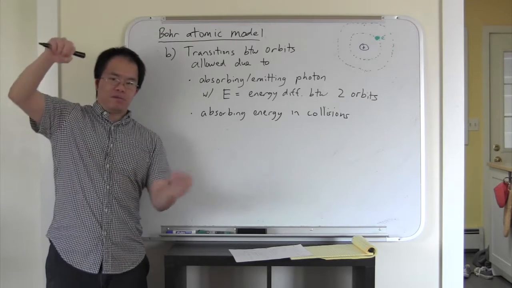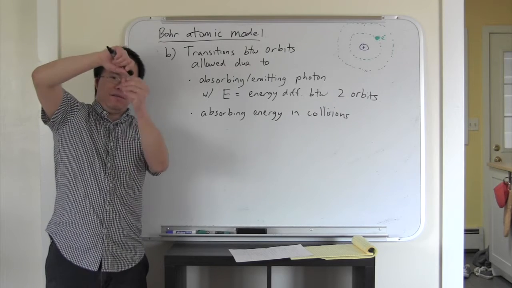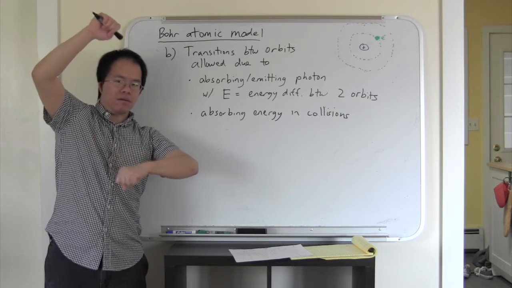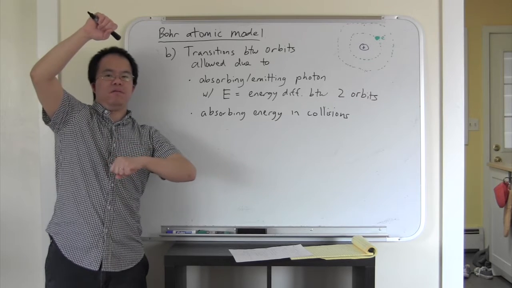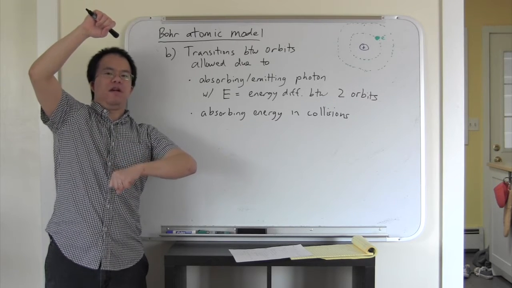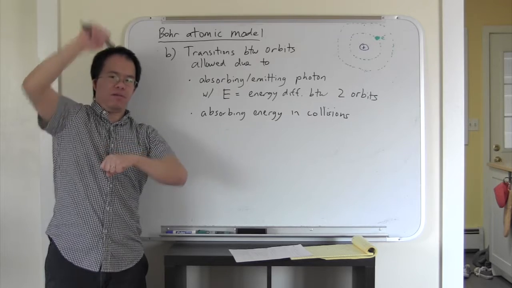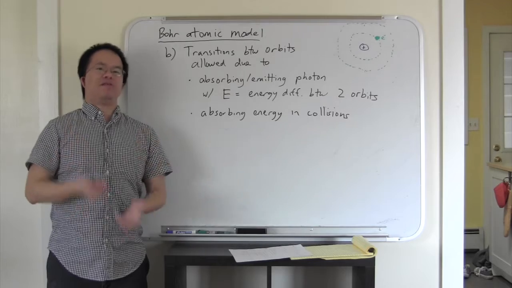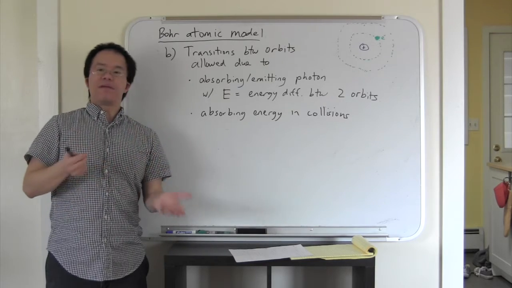Those tubes really consist of a glass tube filled with gas, and there are electrodes at either end of the tube, and you apply a voltage across those electrodes. That voltage causes a little bit of ionization.